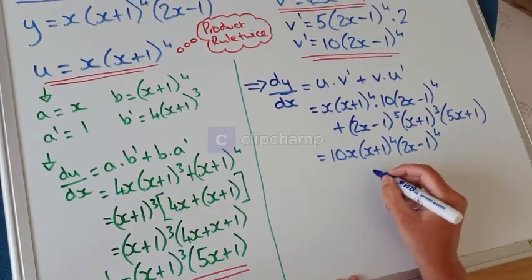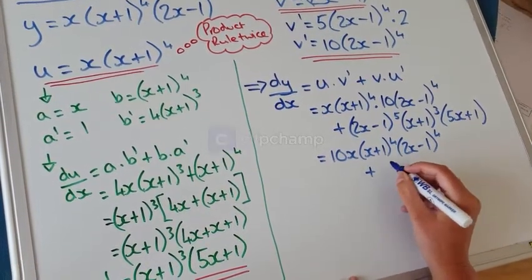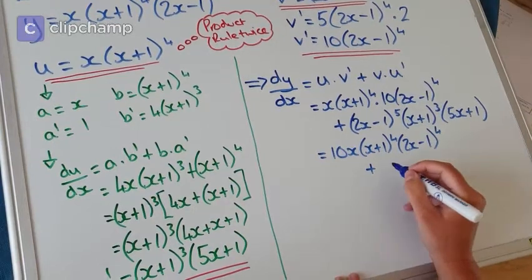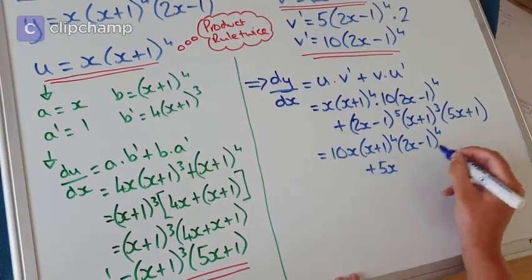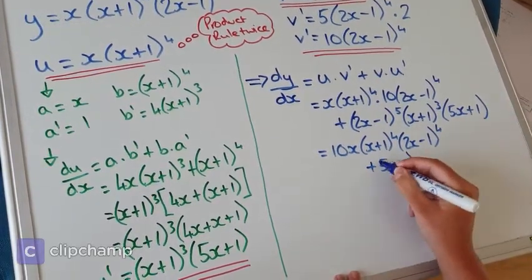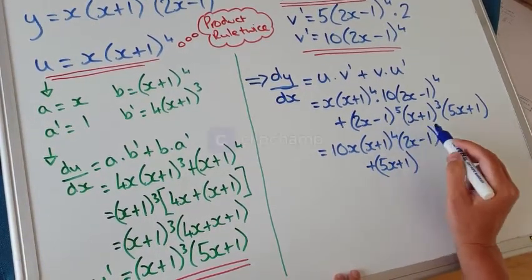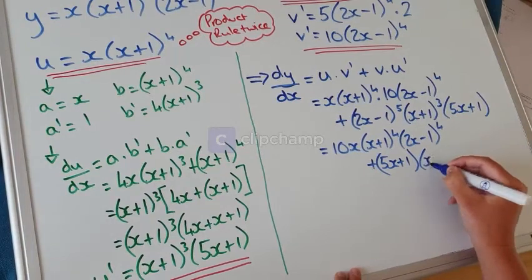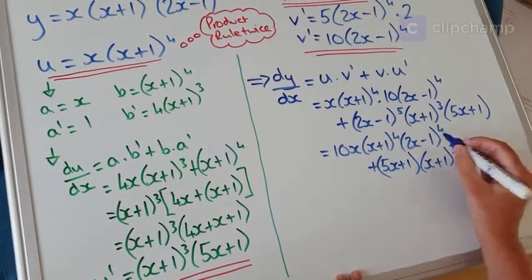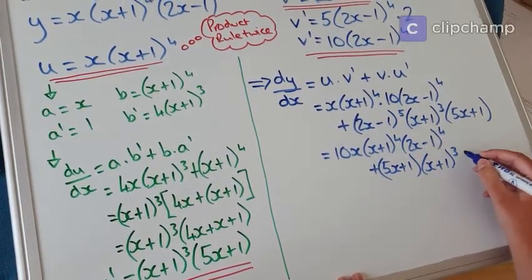And then we've got plus, I'm going to put the 5x plus 1 at the start, that's only got a power of 1. And then I'm going to keep this in the same order, x plus 1 to the 3 and 2x minus 1 to the 5.